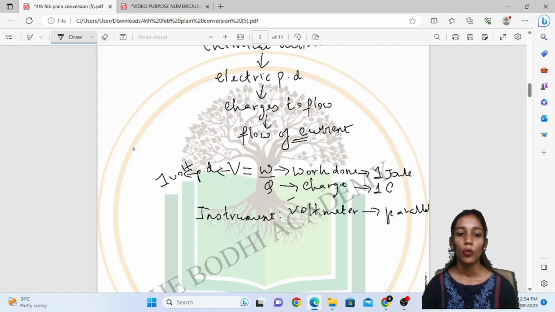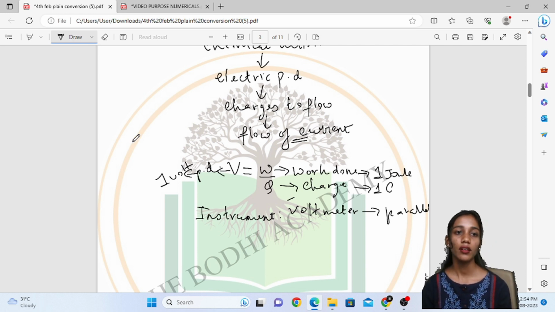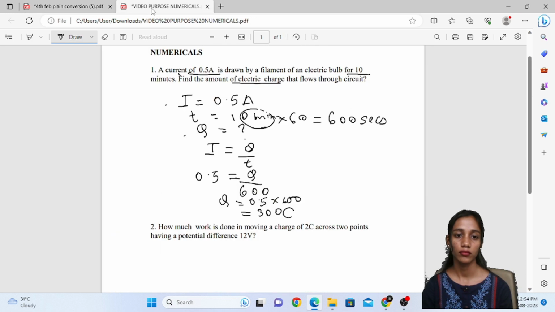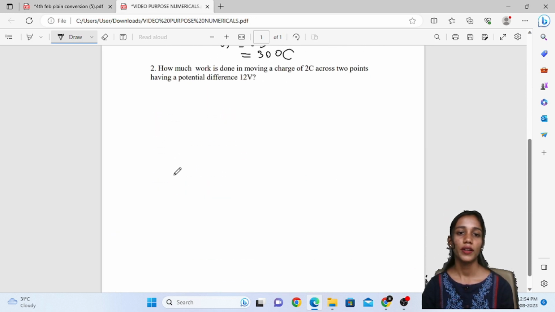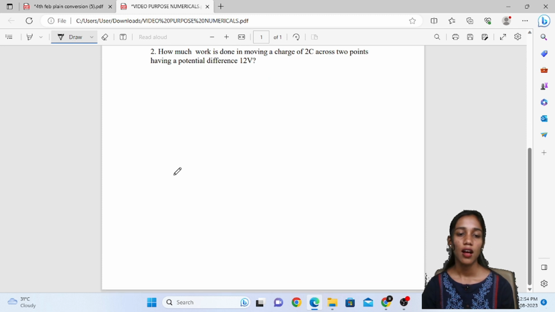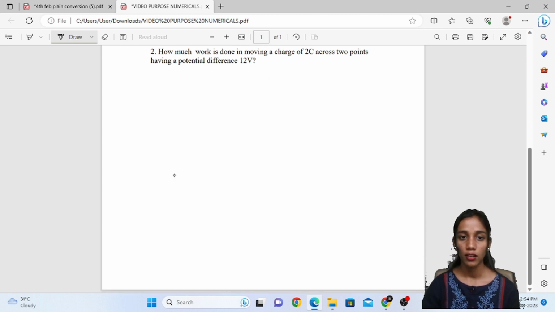Now we will see one problem based on this formula. The problem reads like, how much work is done in moving a charge of 2 coulomb across 2 points having a potential difference of 12 volts.